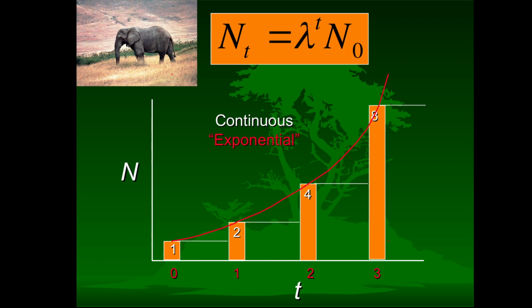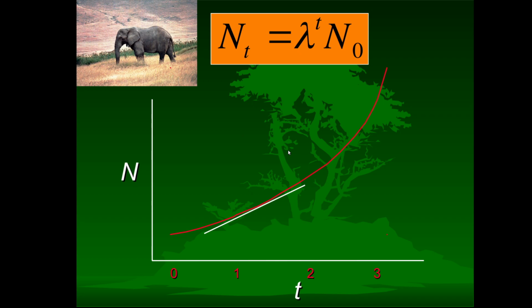But now there is no discrete reproductive time since reproduction is continuous. So these two values no longer have any special significance. They're just 2 points on a continuous curve. So what we really want is the slope of the curve. Now that it's continuous, we can calculate the slope, which is the slope of this line that's tangent to the curve at some point.